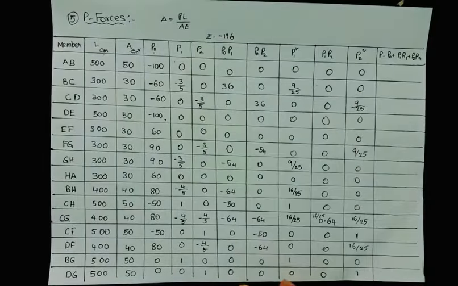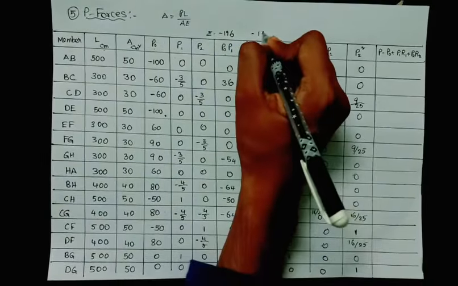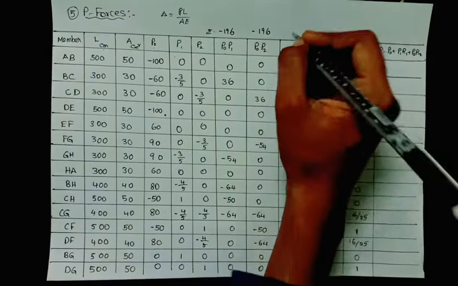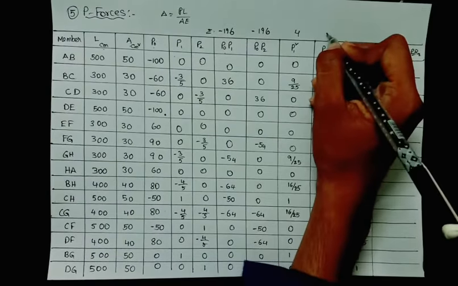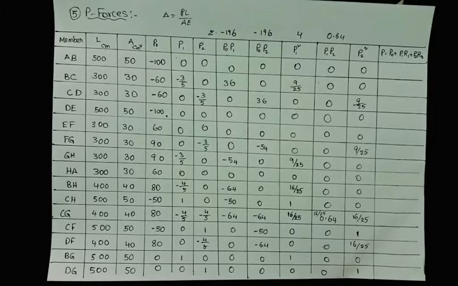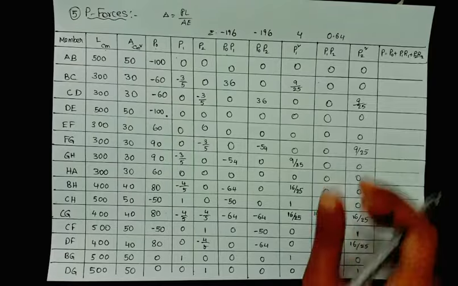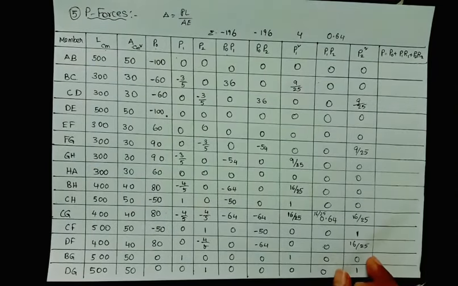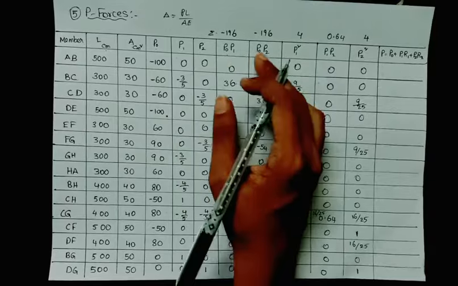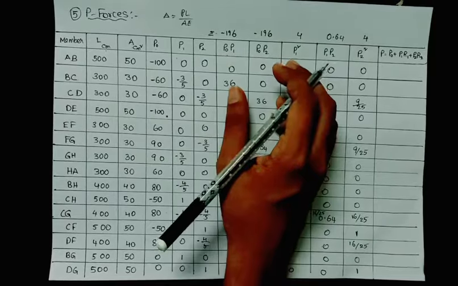Similarly add all these values, I got -196. Now add all these values, it is 4. This is 0.64. We add all these values and write the sum at the bottom. So P2 square, on adding all these values, I got it as 4. So these are the values I have got on adding each column.